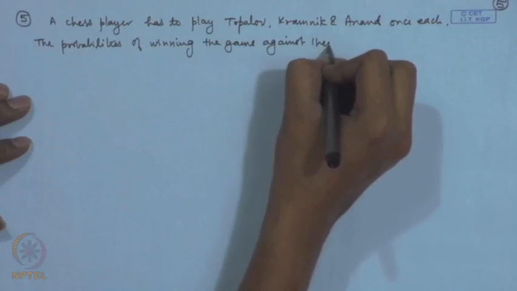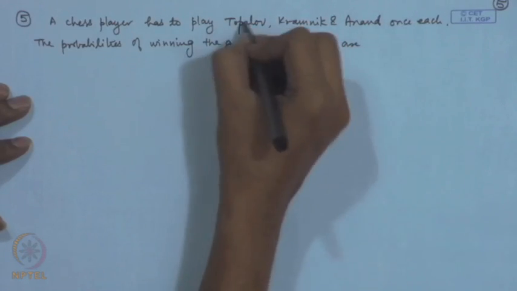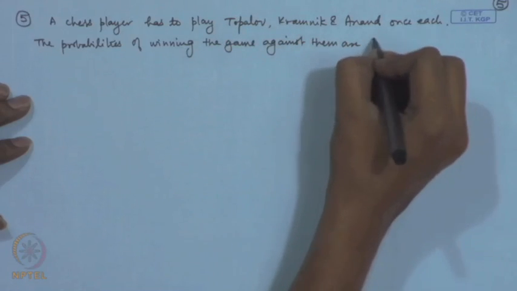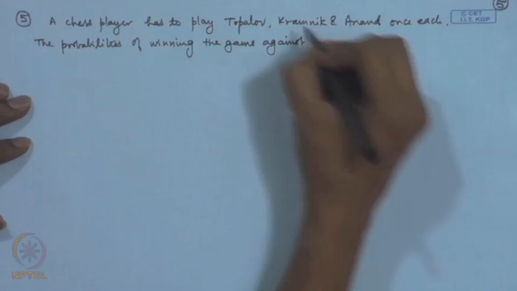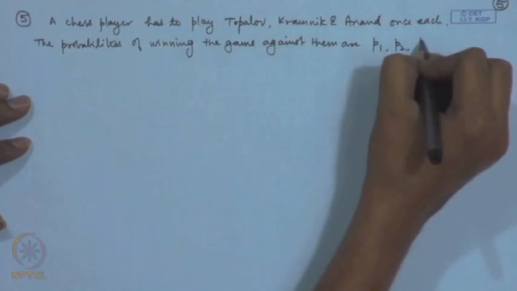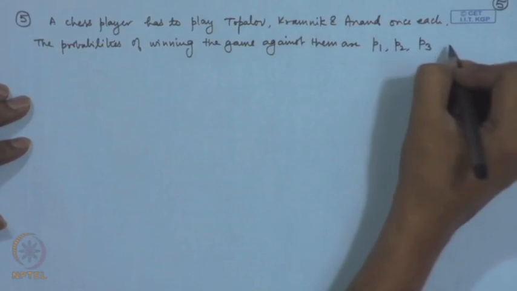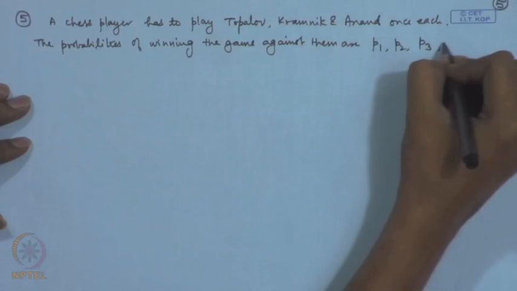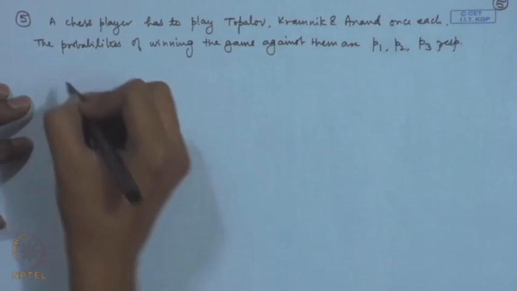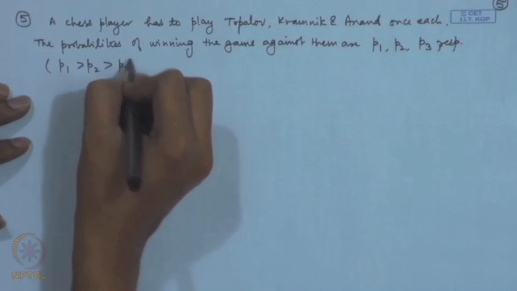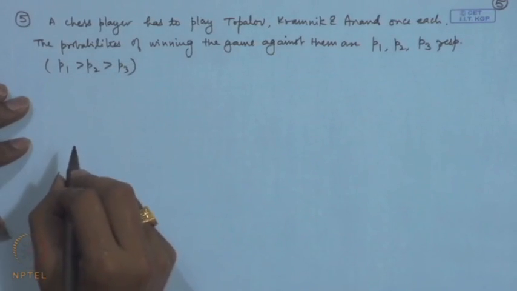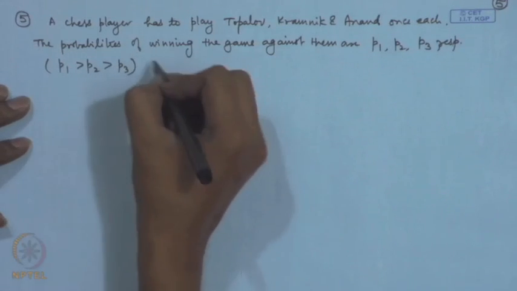against them are, so against say Topalov, let us assume that probability is P 1, against say Kramnik, suppose it is P 2, against Anand, suppose it is P 3, and assume that P 1 is greater than P 2, greater than P 3.